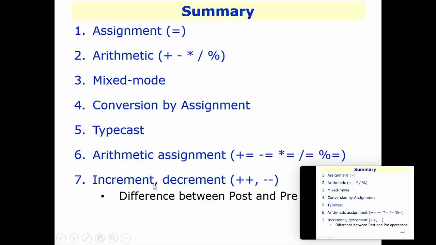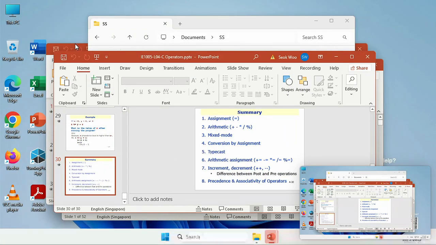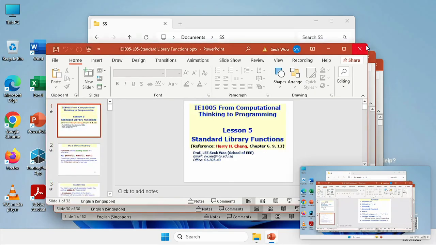For the increment and decrement, you need to distinguish the difference between them. If you have post-increment, use the value, and after that increase it. If you have pre-increment, increase it first, and then use it. So remember this difference. All right, that's all for the operators.